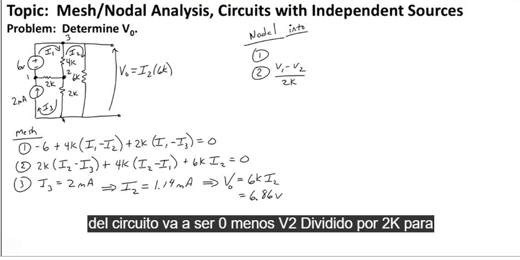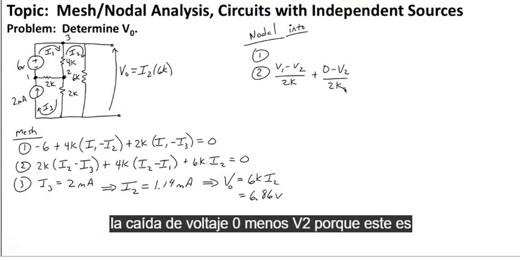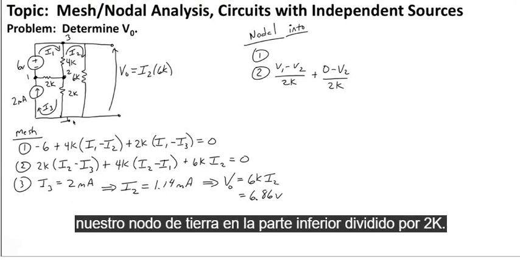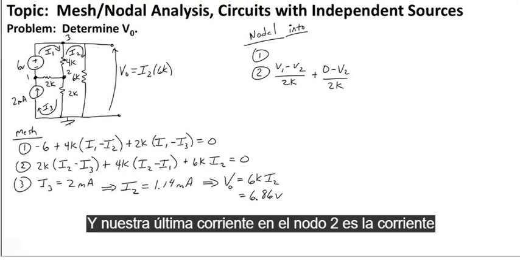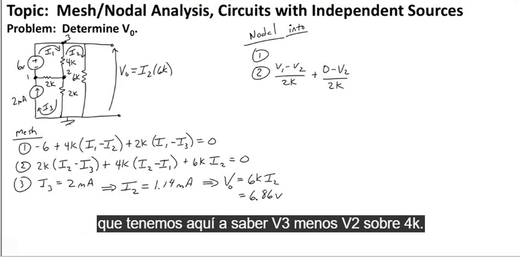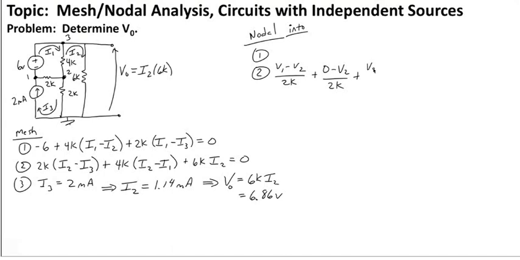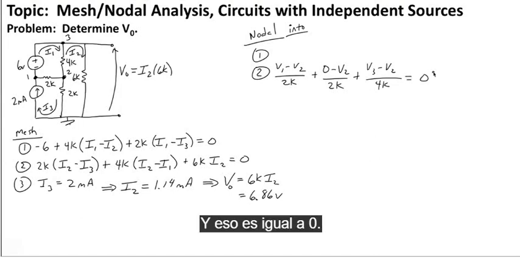It's going to be 0 minus V2 divided by 2K, because this is our ground node at the bottom. And our last current into node 2 is the current that we have here, namely V3 minus V2 over 4K. And that's equal to 0.